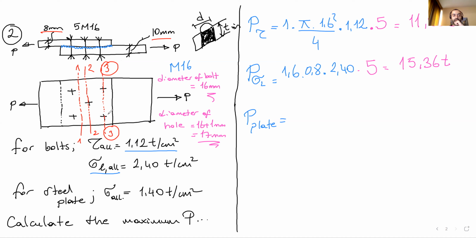Okay, let's calculate the cross-section area of this plate. By the way, I forgot something to give you, which is the width of the steel plate, which is 180mm.